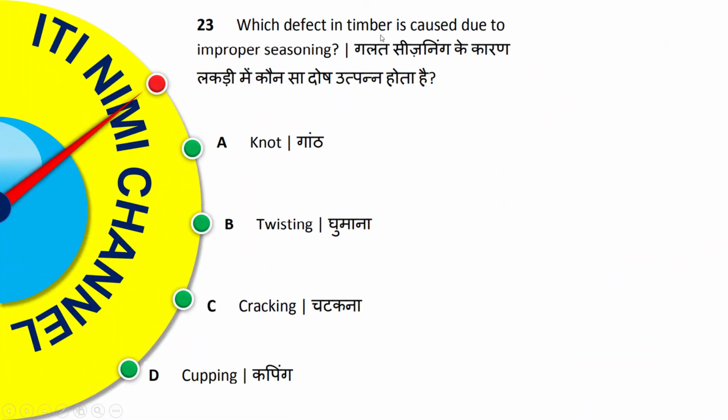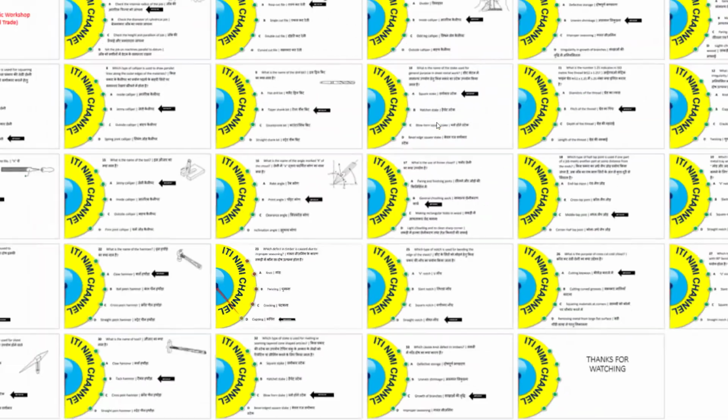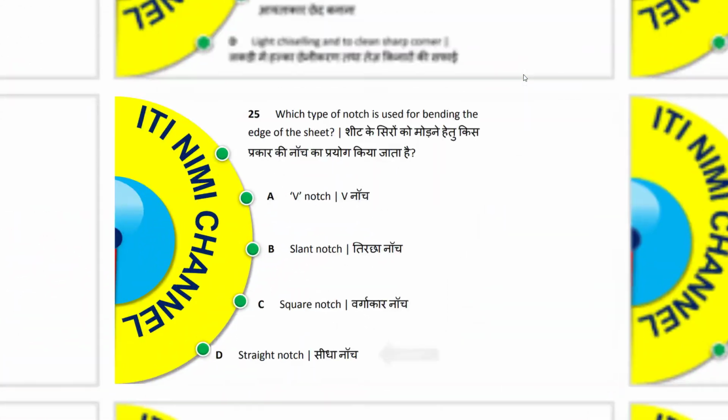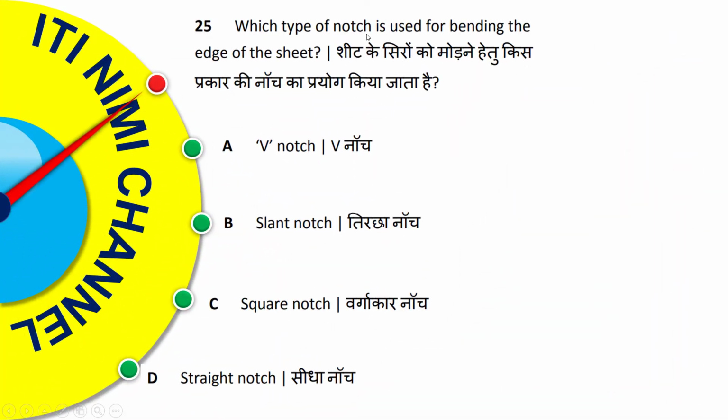Which defect in the timber is caused due to improper seasoning? Knot, twisting, cracking, cupping. The answer is cupping. Which type of notch is used for bending the edge of the sheet? V-notch, slant notch, square notch, straight notch.